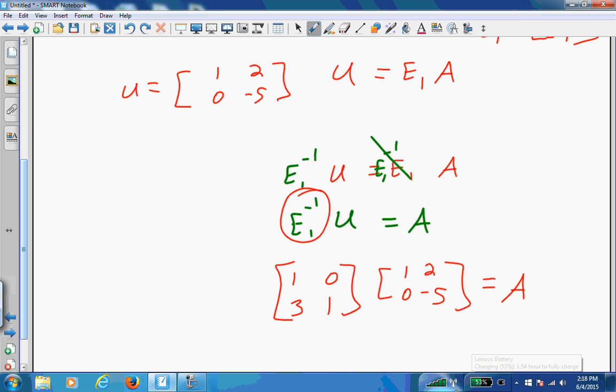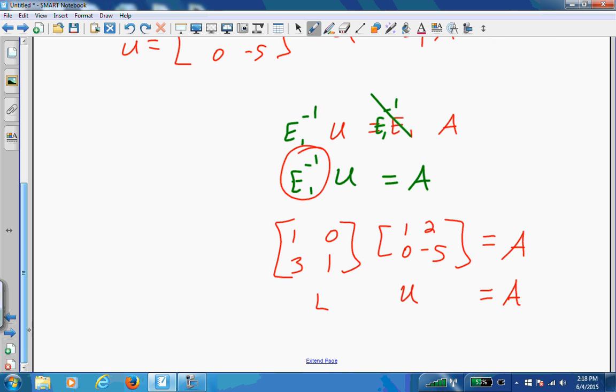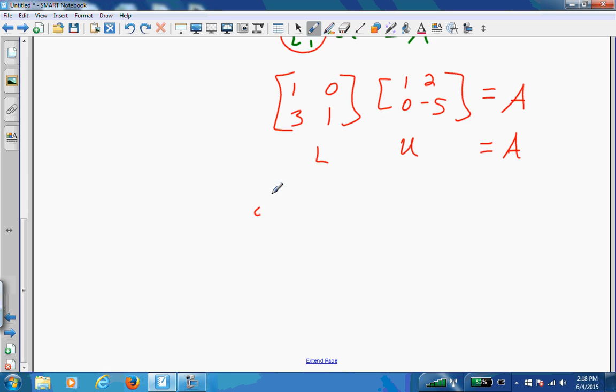And when you multiply those together, that should give us A. So notice we have a lower times an upper equal to A. Now that wasn't all that impressive because we just did one step. I guess we do need to check, make sure that lower times upper really does give us A.